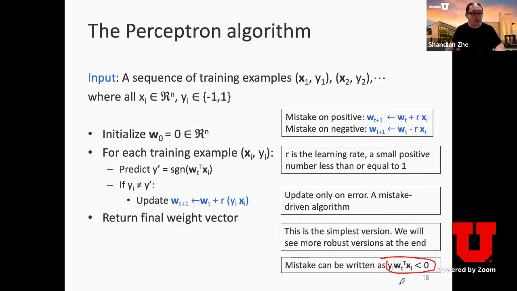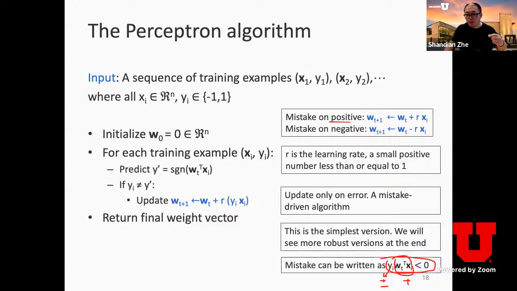Yes, exactly right. A more detailed analysis is to consider two cases: we make a mistake on a positive example, or on a negative example. If we make a mistake on a positive example, your ground truth yi is positive 1, but because you're making a mistake, your prediction is negative 1, which implies the classification function value is negative. So positive multiplied with a negative value is negative. On the other side, suppose your ground truth label is negative, but you make a wrong prediction, meaning you predict this example xi as positive, so the classification function value is positive.